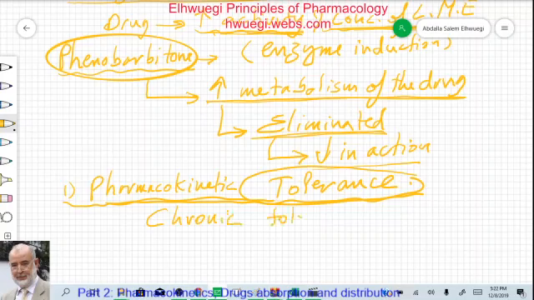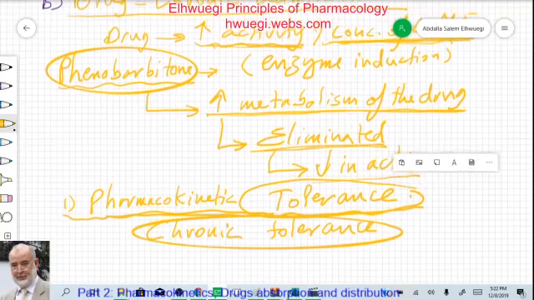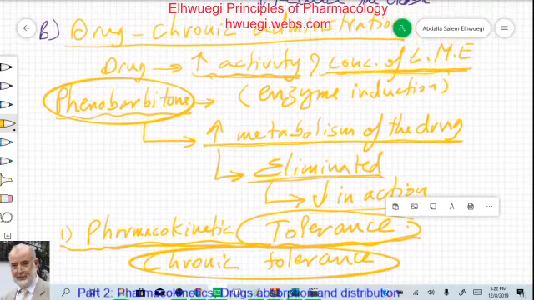The other name of it is chronic tolerance, and some people call it chronic pharmacokinetic tolerance. Okay? So this is the consequence of taking the drug chronically.